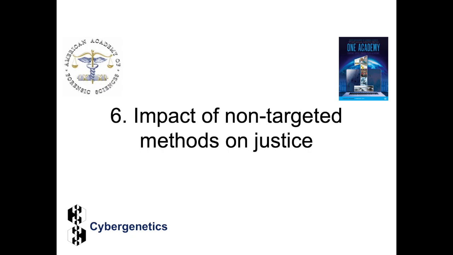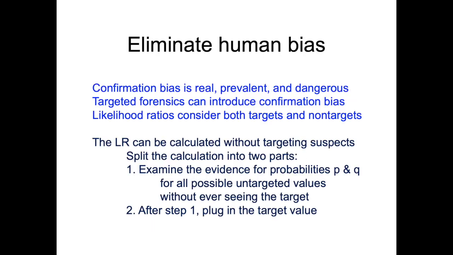Let's wrap up by looking at the impact of non-targeted forensic science methods on criminal justice. As this presentation has shown, it's possible to eliminate much human bias from forensic science. Confirmation bias is real, it's prevalent, and it's dangerous.